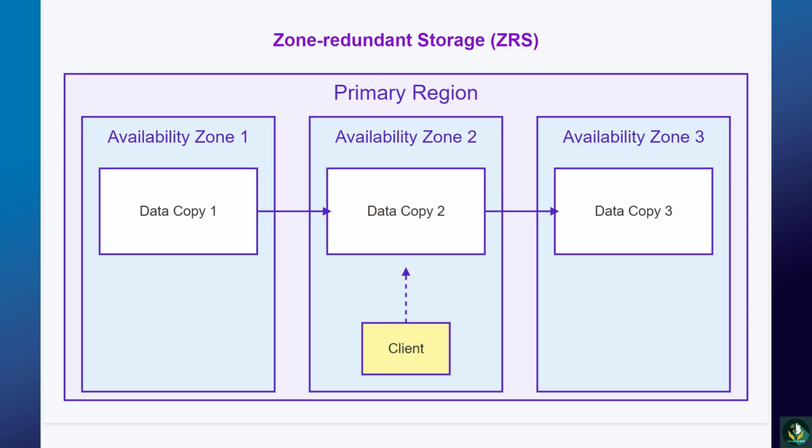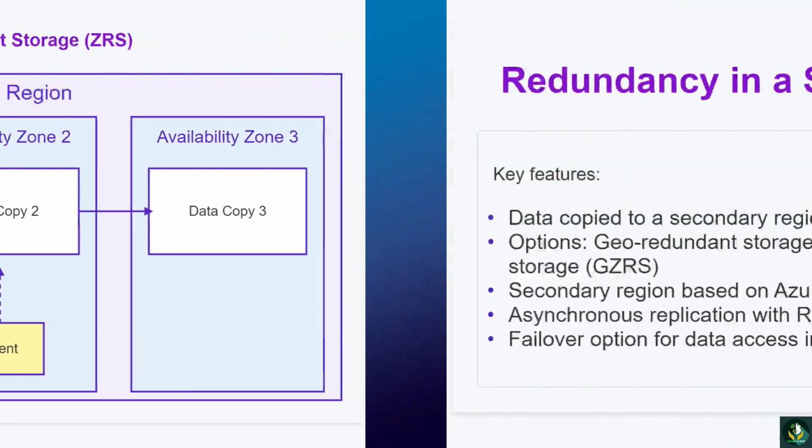Transparent access. Clients can access data without needing to know which specific zone they're connecting to. This ZRS configuration provides a robust solution for applications that require high availability and durability within a single region, while also potentially meeting data residency requirements by keeping all data within the same geographic area.